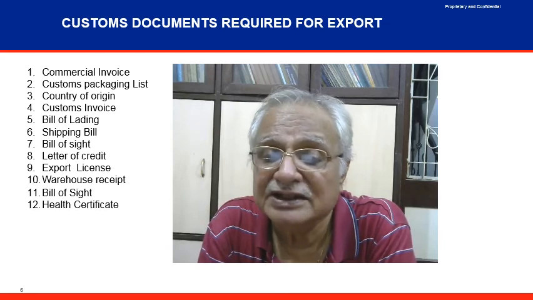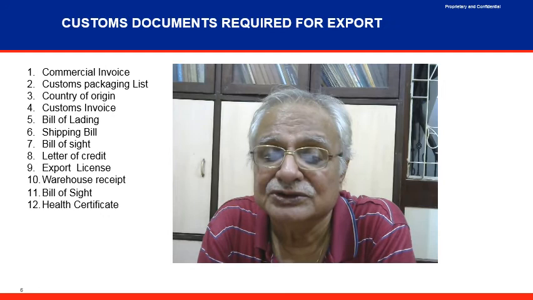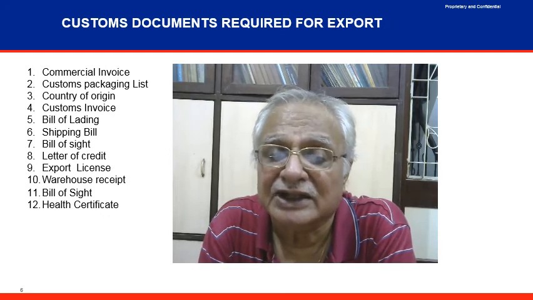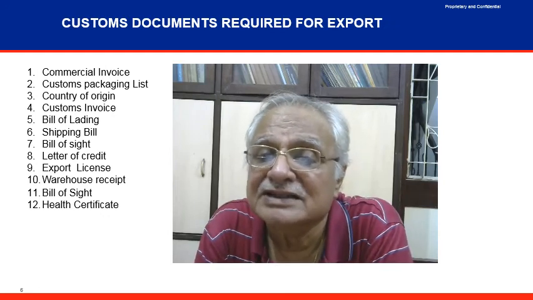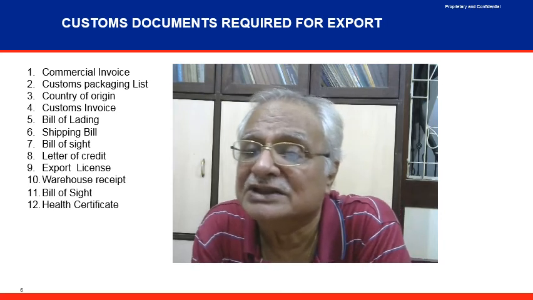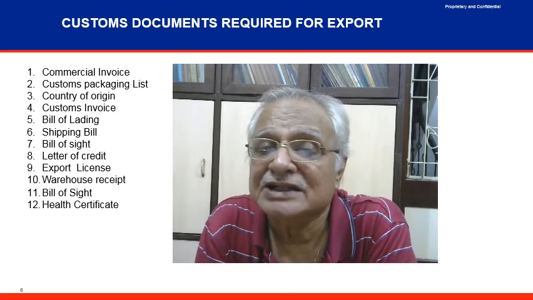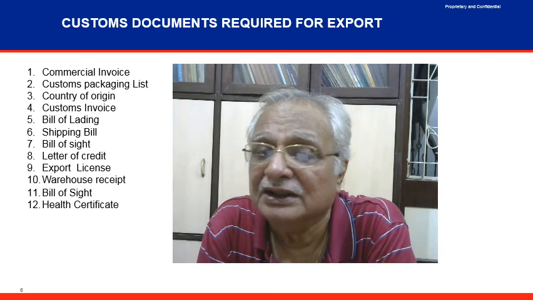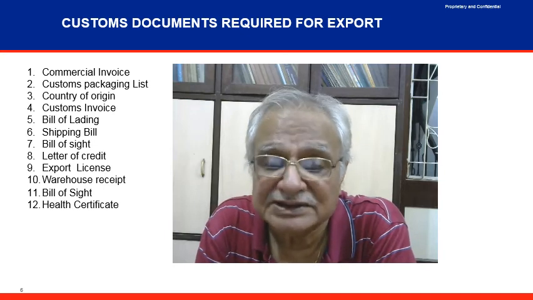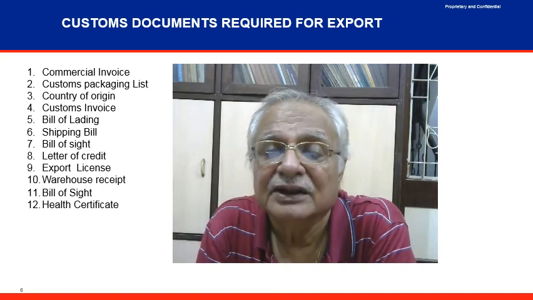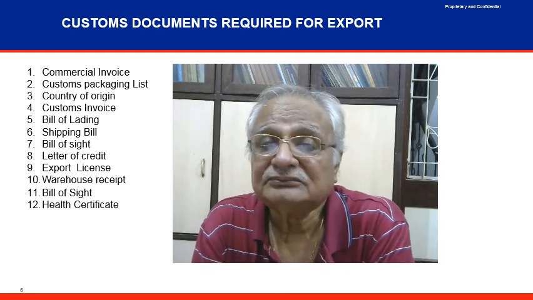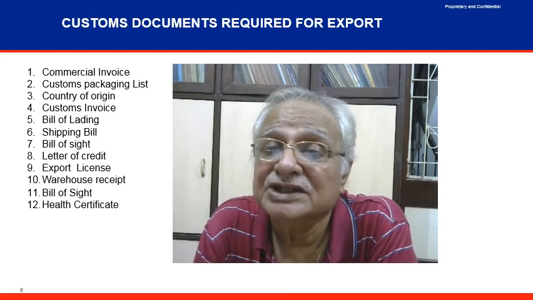There are various other types of documents you should know. Bill of sight, I think I have explained. Bill of sight is a declaration from the exporter made to the customs department in case the receiver is unsure about the nature of goods being shipped.